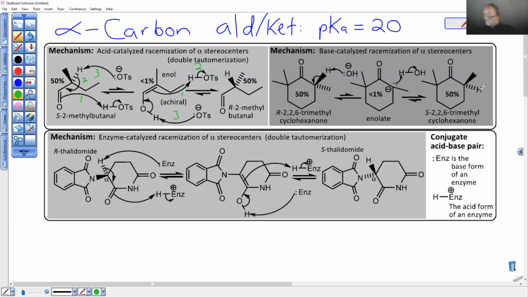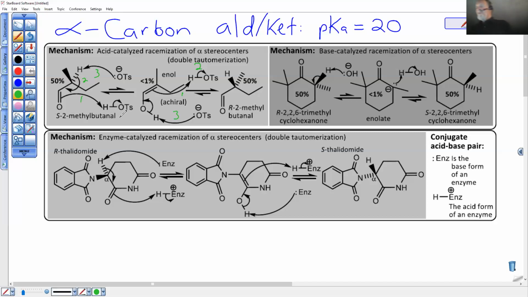And the whole gist of these lines up here are that if you start with a pure enantiomer of a chiral molecule that has a specific stereocenter on the alpha position, and that alpha position has a hydrogen, you will no longer have a pure enantiomer if you present this molecule with a strong acid.